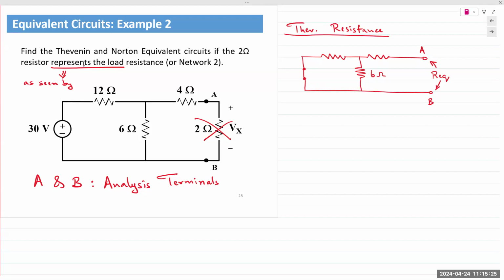Going once, going twice. Sold. REQ: if you look at the farthest end, we see that a 12 ohm resistor is now connected to the 6 ohm resistor. So we see 12 is in parallel with 6, plus 4.